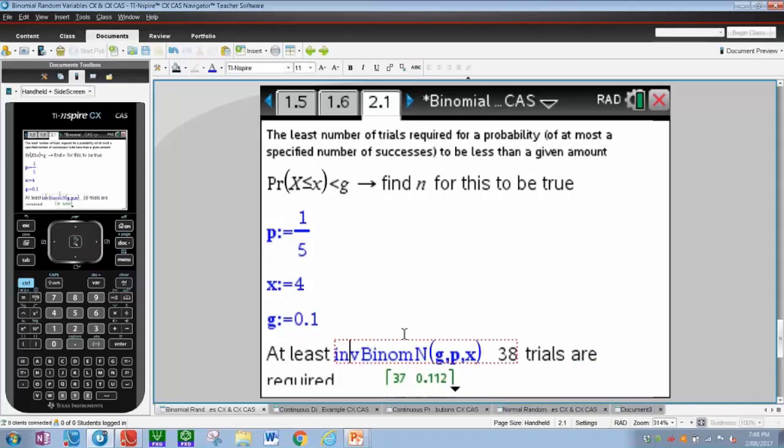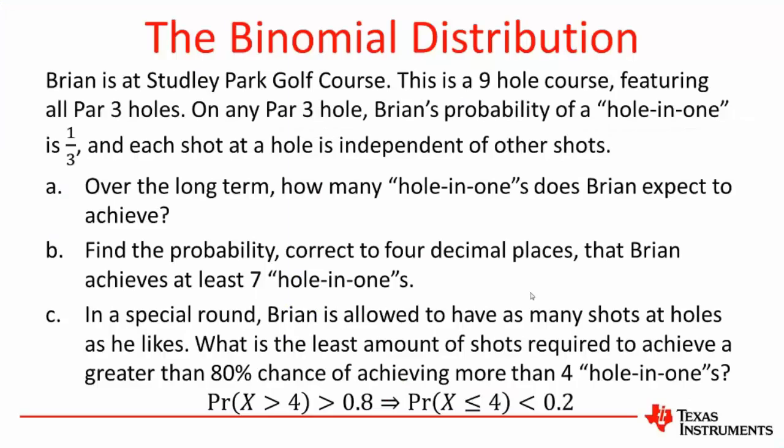And that's a new feature of 4.4, and it was very good that they brought that in because it really made questions like this a lot more doable and a lot more achievable by the vast majority of students. So we want the probability of x less than or equal to 4. So you want the probability of at most 4 shots being less than 0.2. So we have to sort of reverse the statement initially, but you can do that quite easily without much issue.